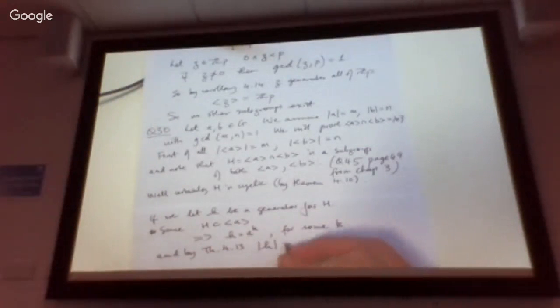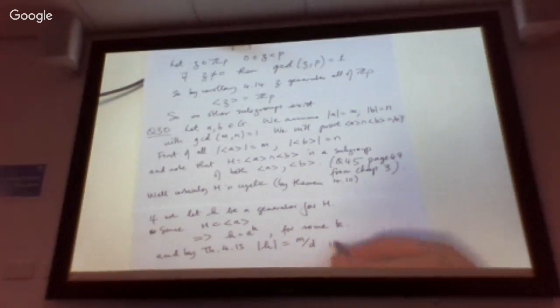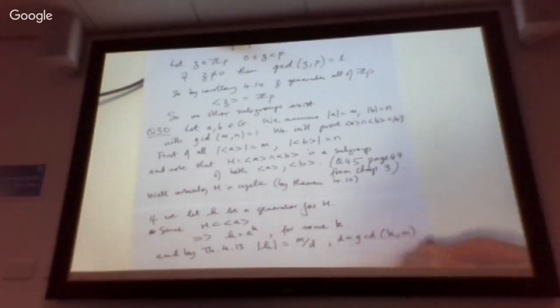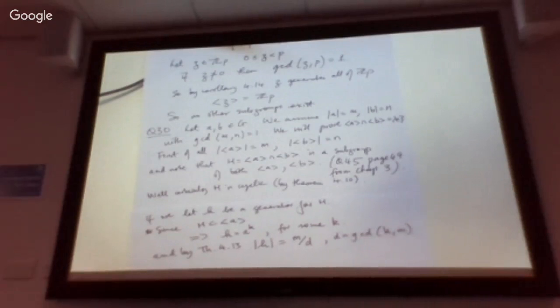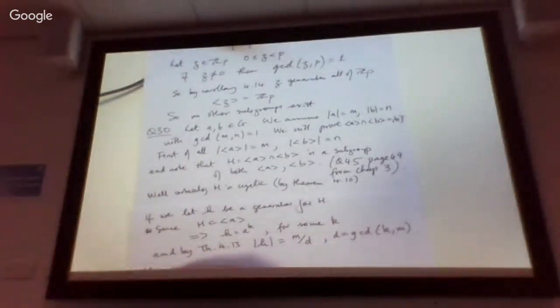Certainly H will be cyclic. H is cyclic because that's an example of theorem 4.10: every subgroup of a cyclic group is itself cyclic. So H is a subgroup of the two cyclic subgroups generated by A and B, so it certainly is cyclic by theorem 4.10.